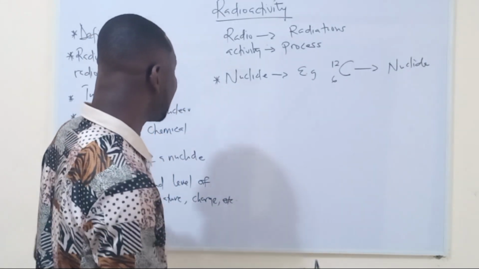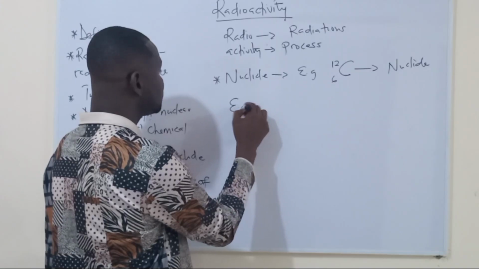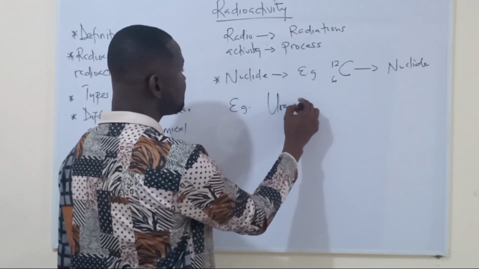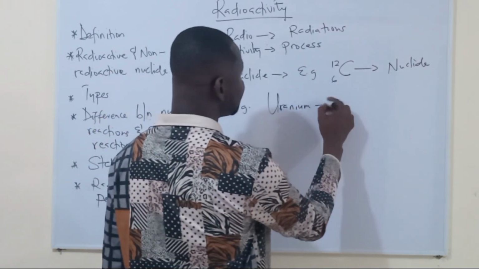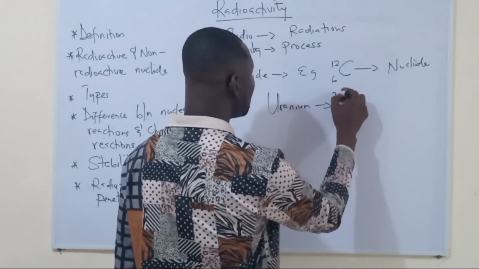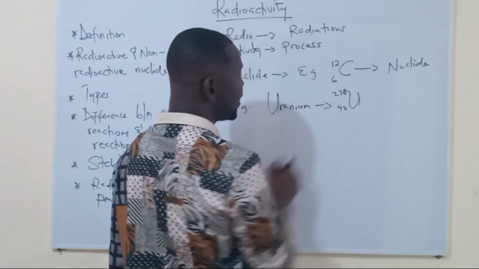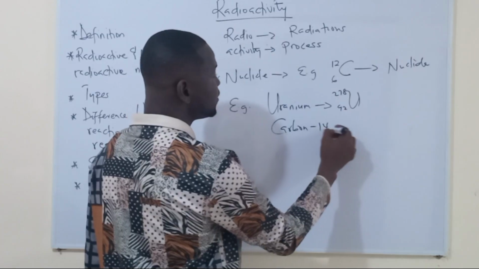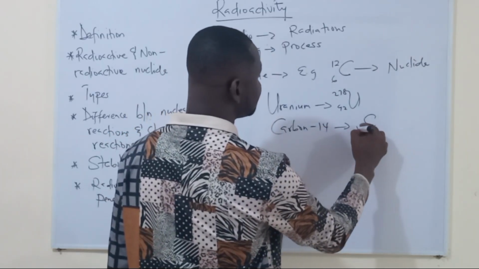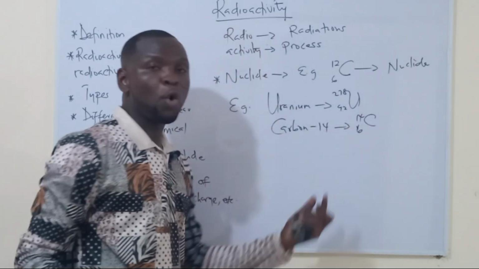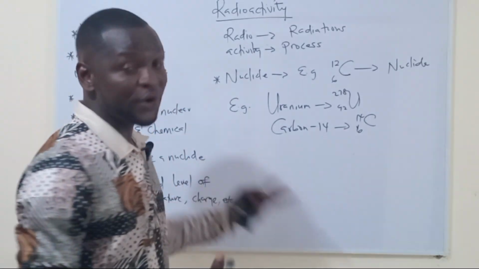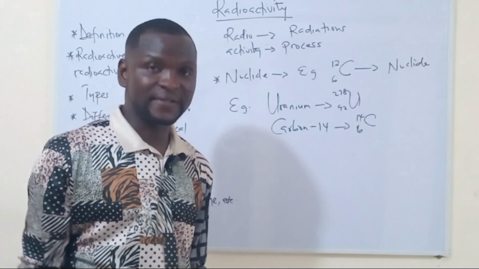For example, I can have uranium-238 with atomic number 92. I can have carbon-14. These are all unstable nuclides. Therefore, we call them radioactive nuclides. They undergo disintegration.